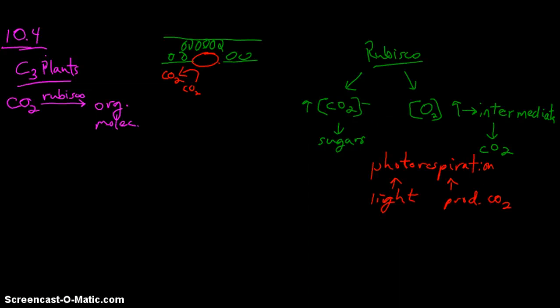Now, the kicker with photorespiration is it actually uses ATP and ultimately produces no sugars. When photorespiration begins to occur, sugar production will actually drop in plants. So you get less output from plants as they go through photorespiration.